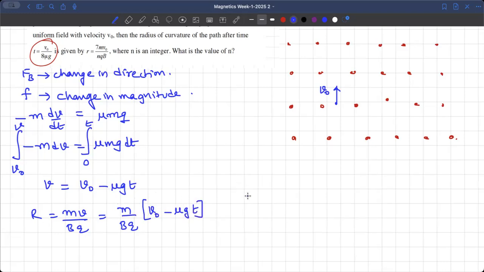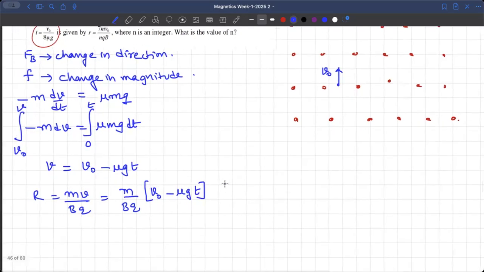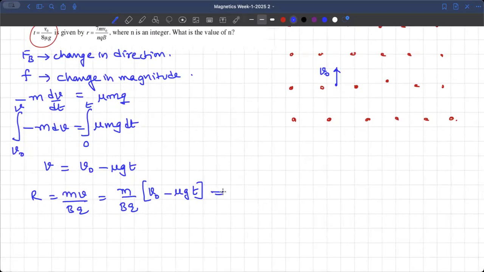So you are asking what time? This is the time. Which implies R is m by bq times v0 minus mu g, remember, you mentioned the time, v0 by 8 mu g.